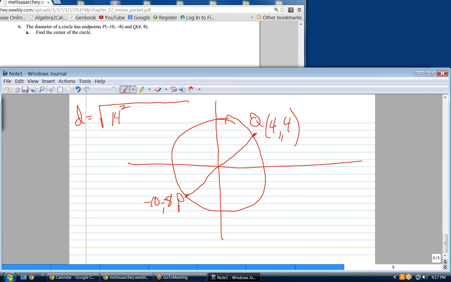So the difference between the x-coordinates is 14. We're going to square that. Notice that it does not matter whether we make it plus or minus. And the difference between the y-coordinates is 12. So the distance is the square root of 196 plus 144.